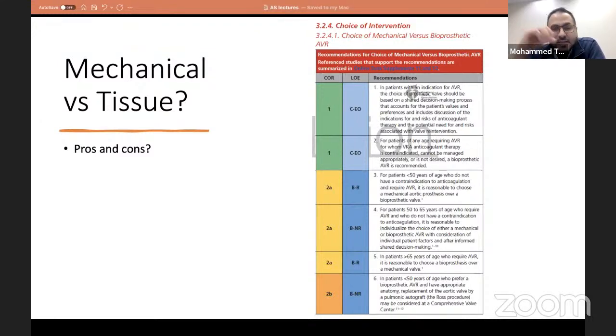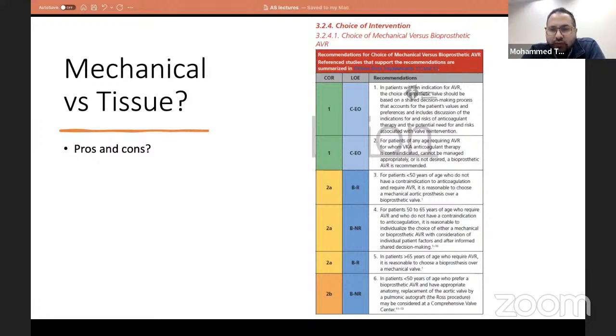The ideal valve is the valve that would last with the patient for the longest period of time, would not require any sort of anticoagulation, and would not degenerate with time. We don't have that valve available in the market, but the nearest we got is the Ross procedure.